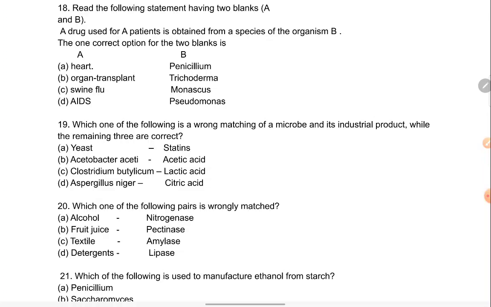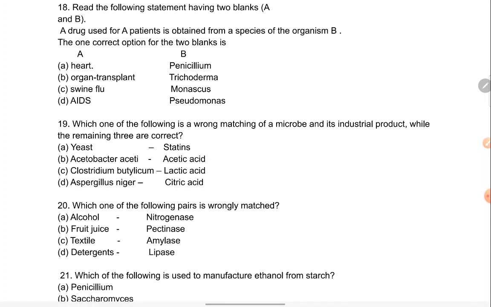Read the following statement having two blanks A and B. A drug used for A patients is obtained from a species of the organism B. So you have to select the correct option for A and B. For A many options are there and for B many options.